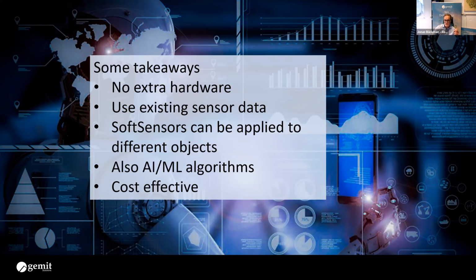And soft sensors can be used in many areas, like also for actuators and unwanted process behavior. And you can use the same technique if you use machine learning algorithms. And this solution is very cost effective for the customer.